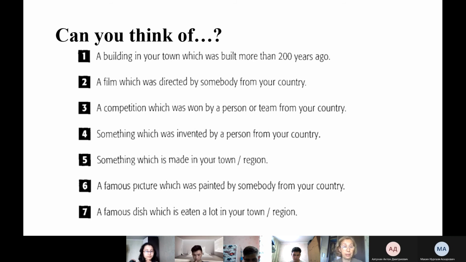Okay, so the next line, number 3. A competition which was won by a person or team from your country. Competition. No, just international competition.